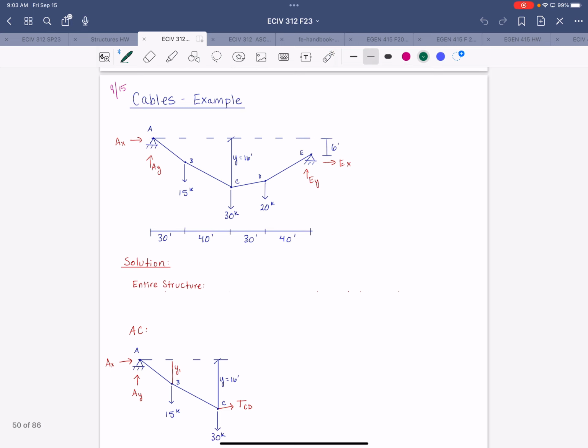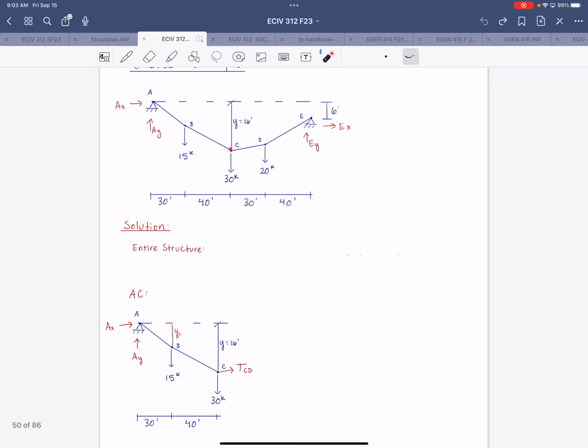Our approach is going to be very similar to what we did with arches. So we're going to first write the equilibrium equations for the entire structure, and we will end up with 2 equations and 2 unknowns in terms of either the support at E or the support at A. And then we will take a section at the cable through the joint where we know the vertical distance.